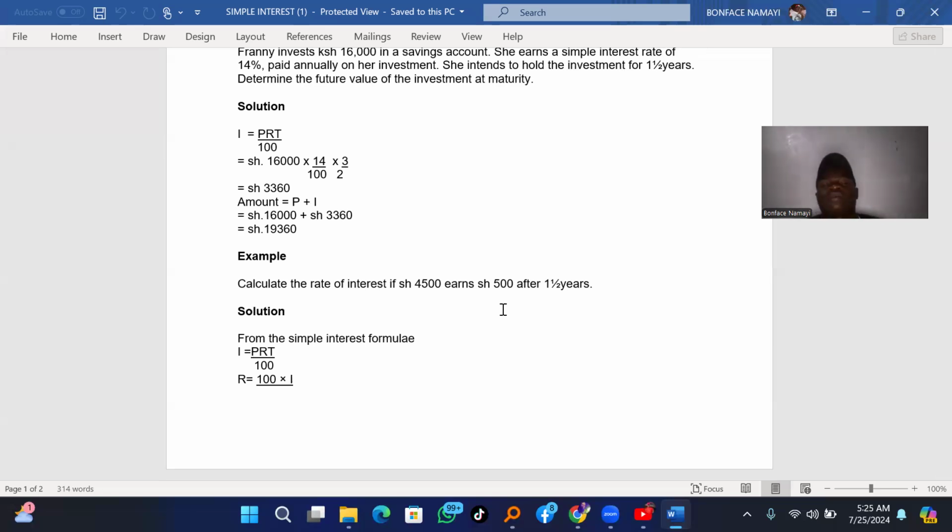At this point, you've been given the simple interest already to be 500, the principal to be 4,500 and the time to be 1.5 years. So we are told to calculate the rate. We have to keep in mind the formula of simple interest: principal times rate times time over 100.